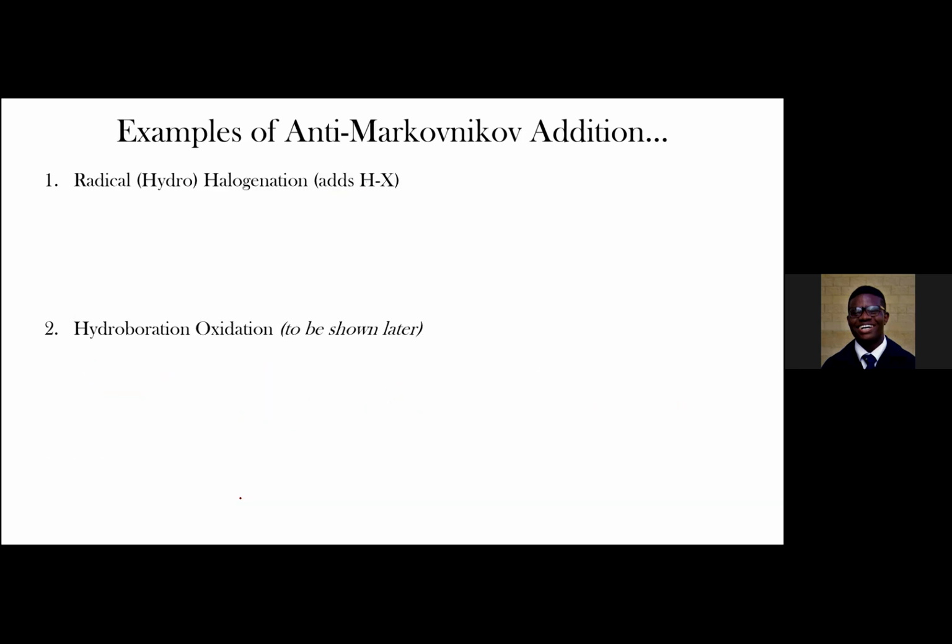Now think about examples of the anti-Markovnikov additions. There's really two big ones. The first one is radical halogenation, which does the same exact thing as the hydrohalogenation. The way that works is it's adding an H and a Br, which is synonymous with that HX, but it's doing it in an anti-Markovnikov fashion.